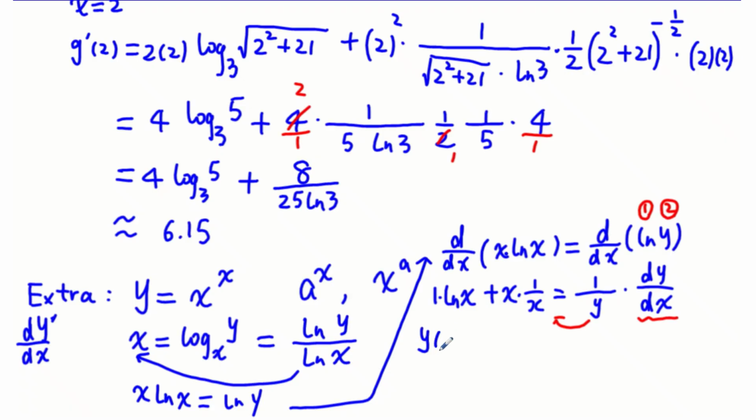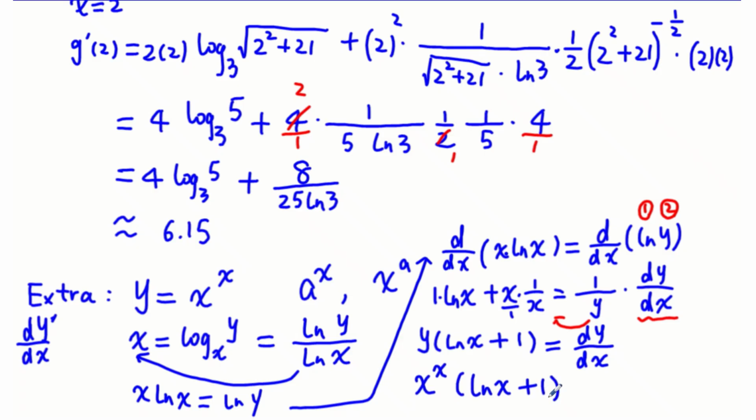So y times ln x plus x times 1 over x, which is 1, equals dy over dx. We don't want to see the y on the left side. We sub back x to the exponent x here. Then you have the derivative of y with respect to x.